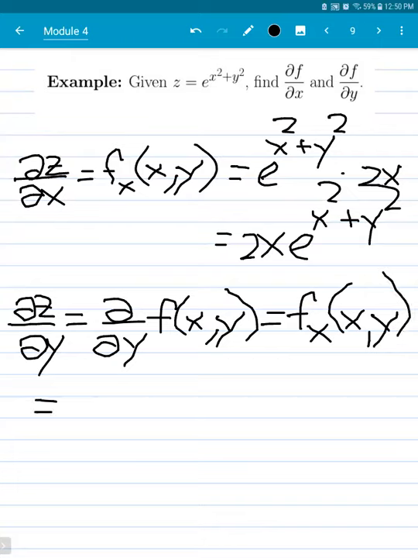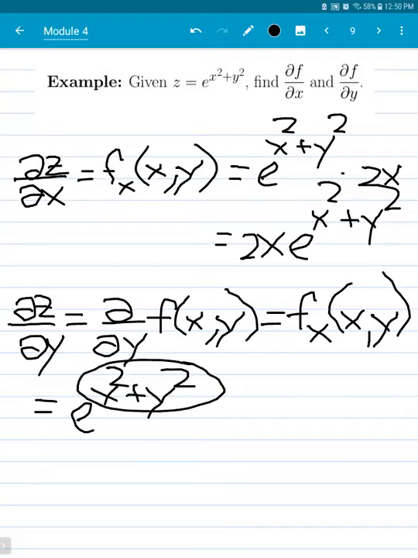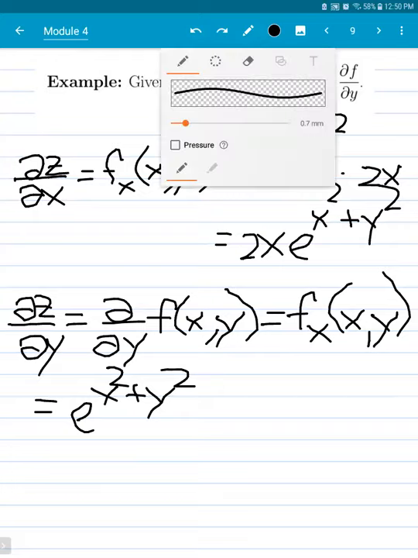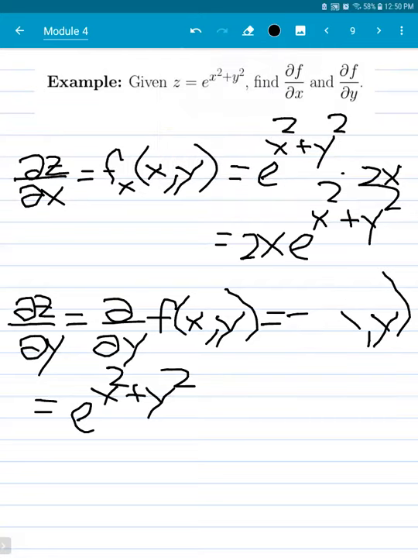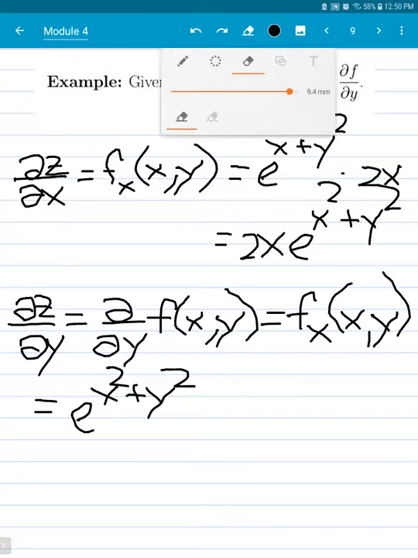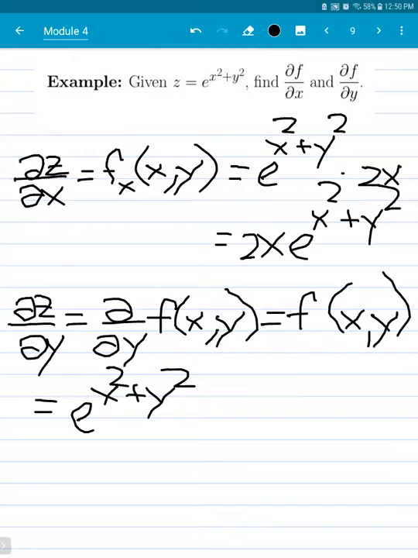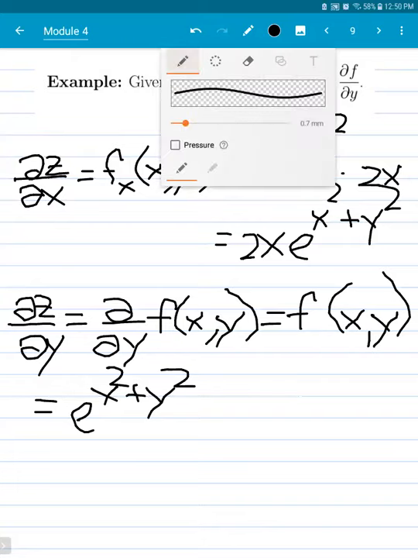To get it, we use the formula for the exponential function. The derivative is itself, e to the x squared plus y squared, times the derivative of the exponent, this time with respect to y. Sorry, I wrote the wrong one. It should be with respect to y.